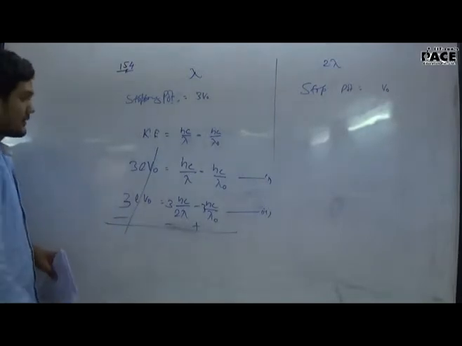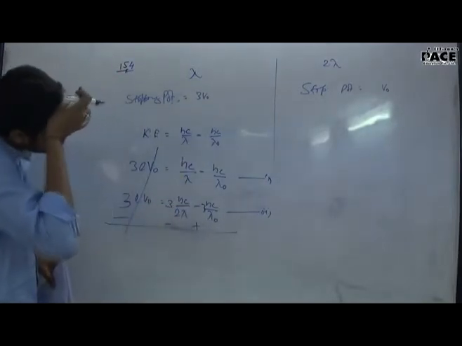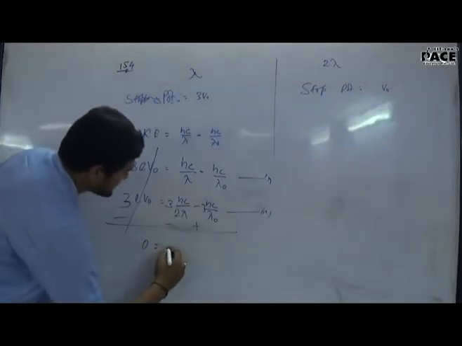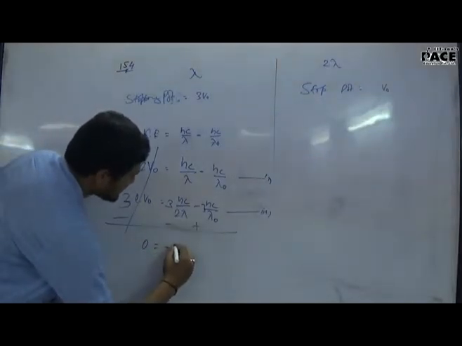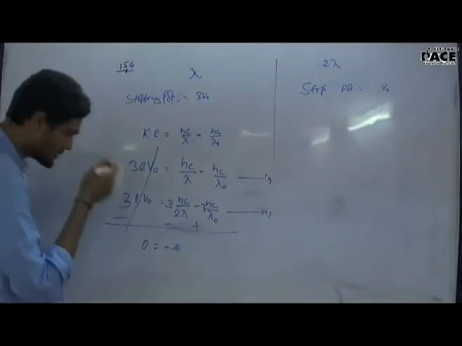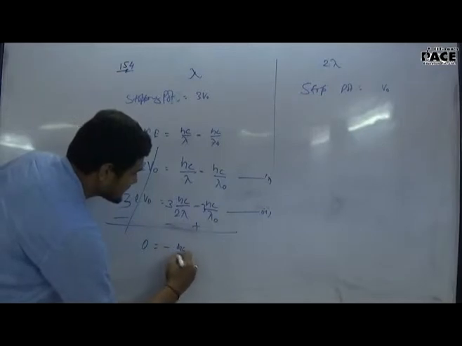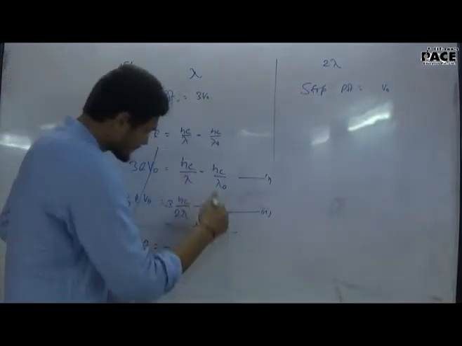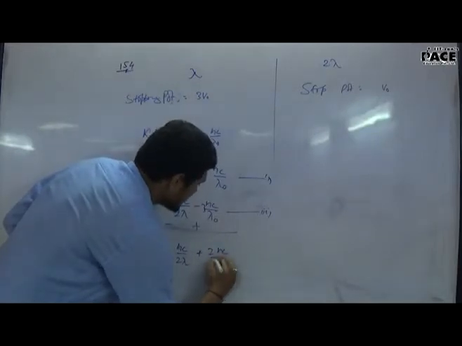Subtracting, 0 is equal to minus hc by lambda plus 3 hc by 2 lambda minus 2 hc by lambda naught.